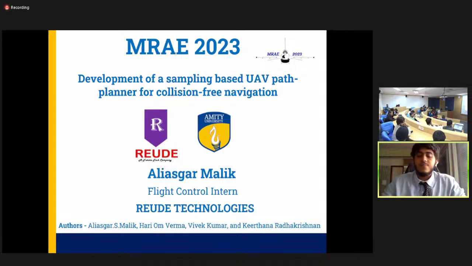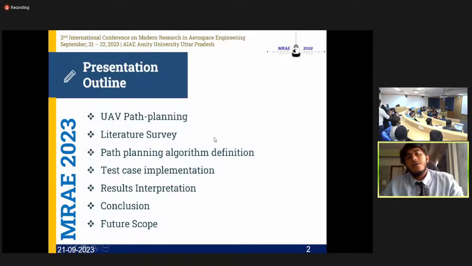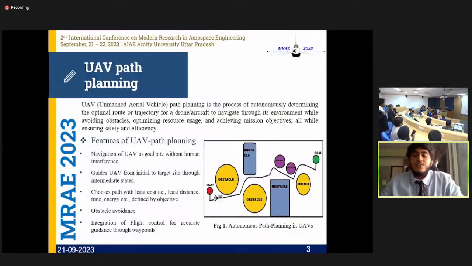To begin with, before I start my presentation, this is an outline for the benefit of the committee. Some of you might have guessed my topic has to do with UAV path planning. UAV path planning is the process of autonomously determining optimal routes or trajectories for UAVs or aircraft to navigate from initial to goal while avoiding obstacles, optimally utilizing resources, achieving mission objectives, and ensuring safety and efficiency.